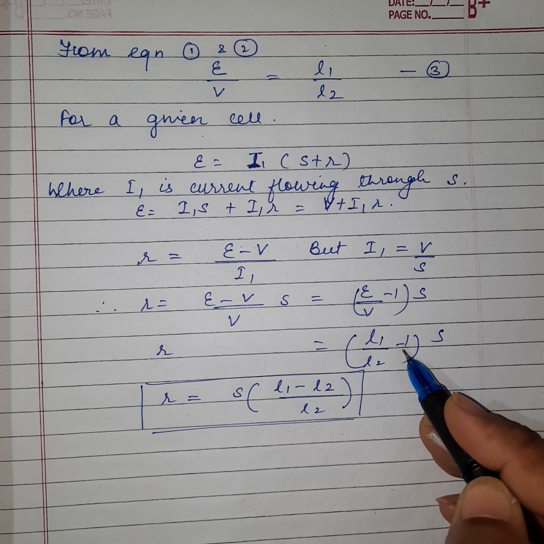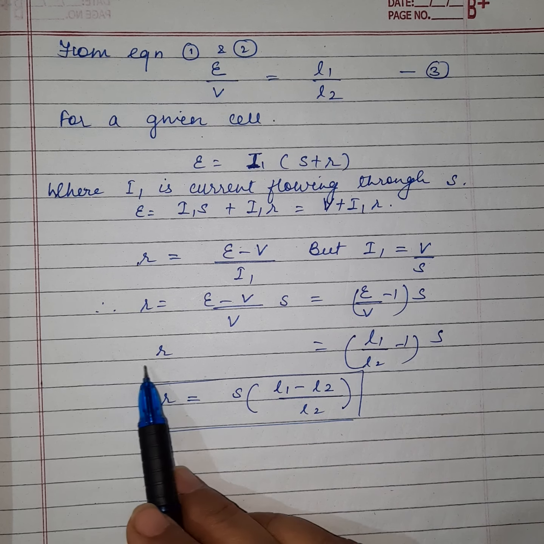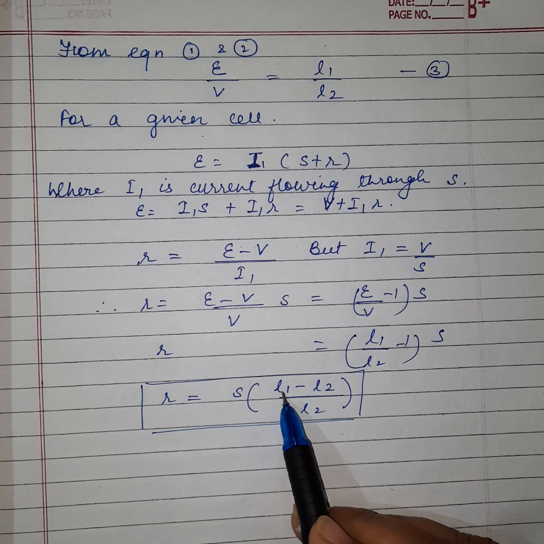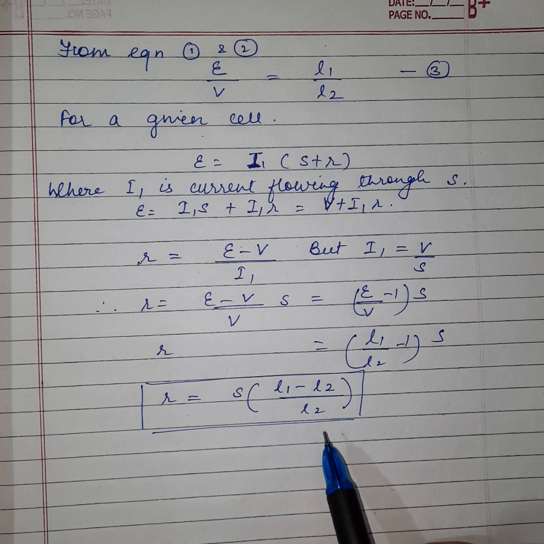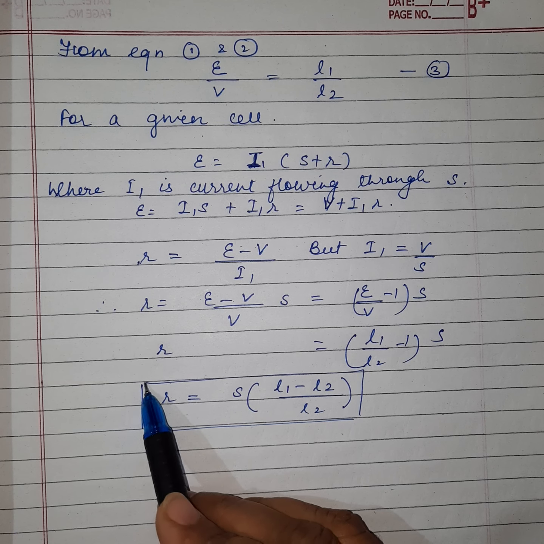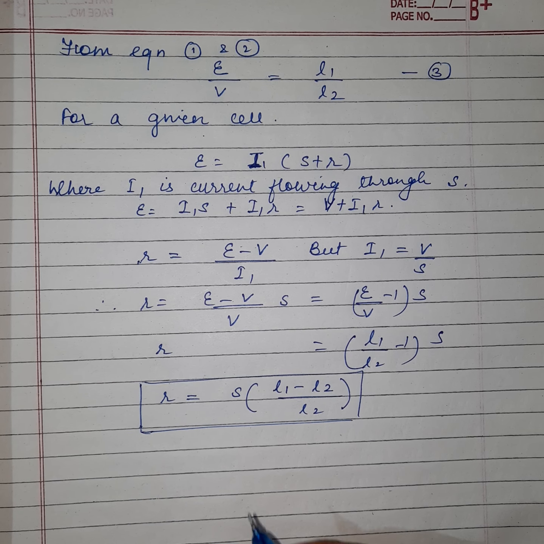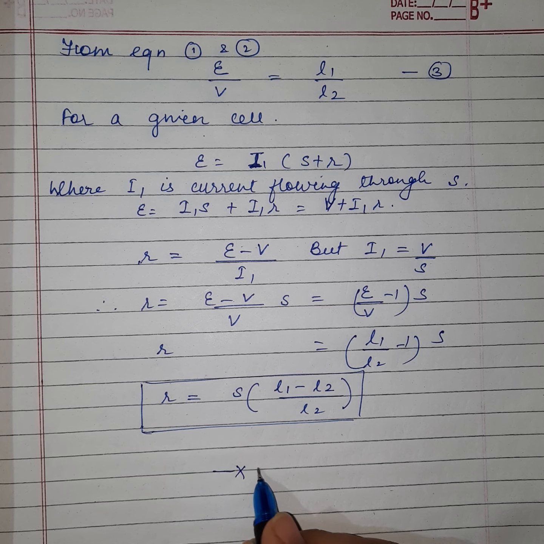So L1 upon L2 minus 1 into S is equal to r, or r equals S into L1 minus L2 upon L2. So this is how we can find out the internal resistance of the cell. Thank you.